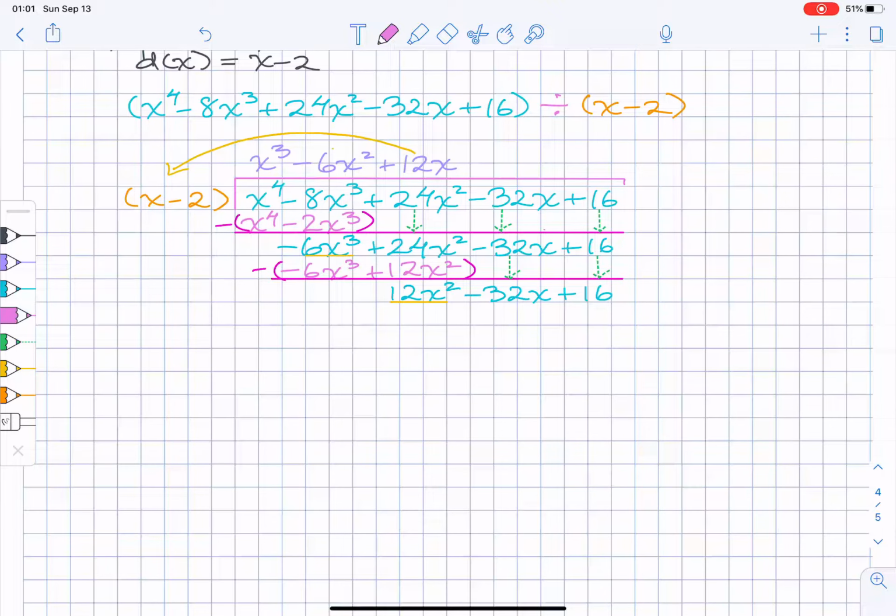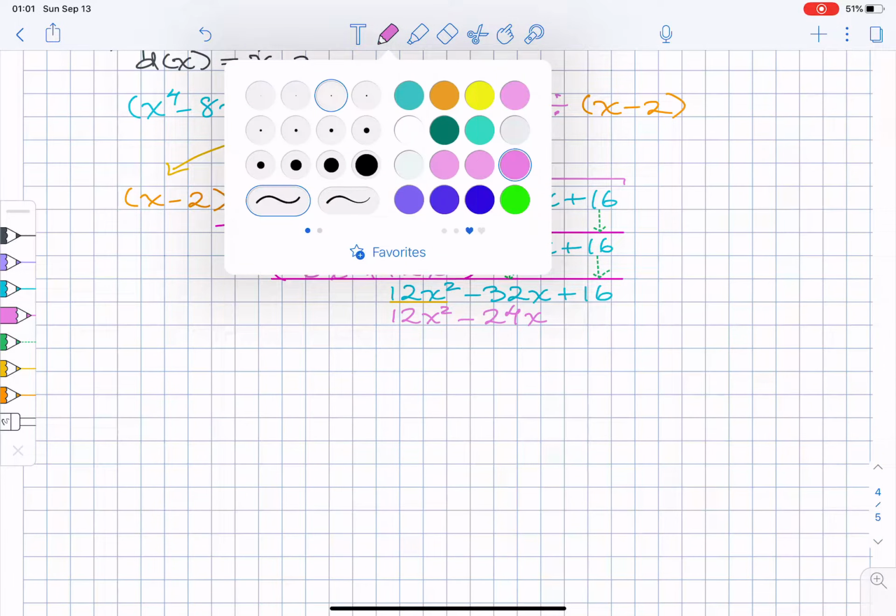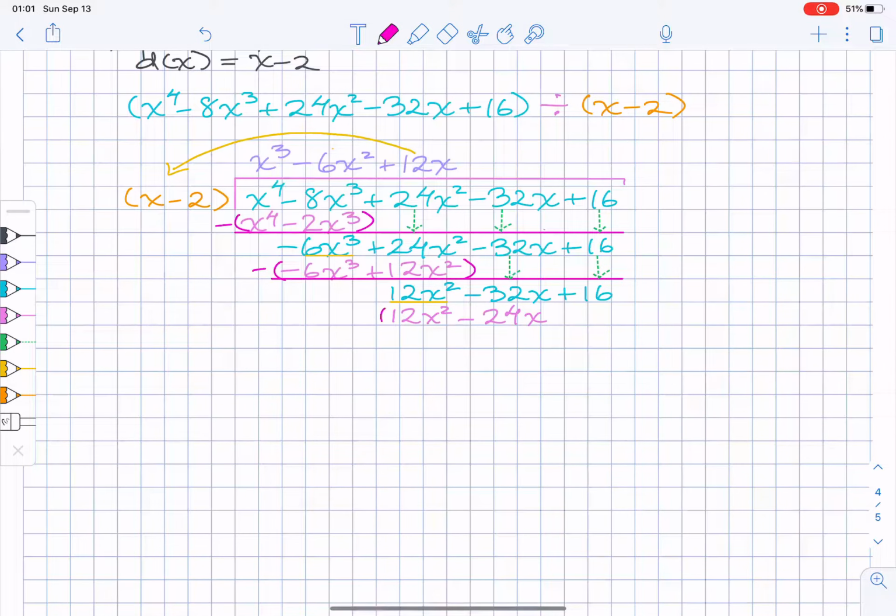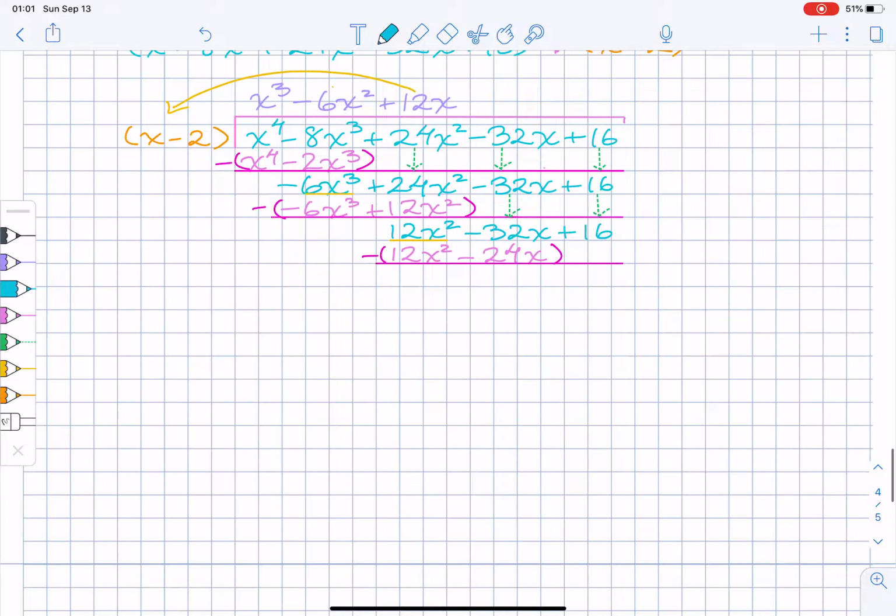So we're going to get 12x squared minus 24x, which I am then going to subtract from the line above. The 12x squareds go away. Negative 32 plus 24 is going to be negative 8. Hopefully. At this point, I don't know if I can do subtraction. So let's drop down the 16 and start again.